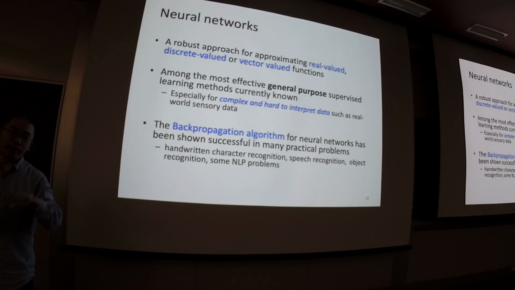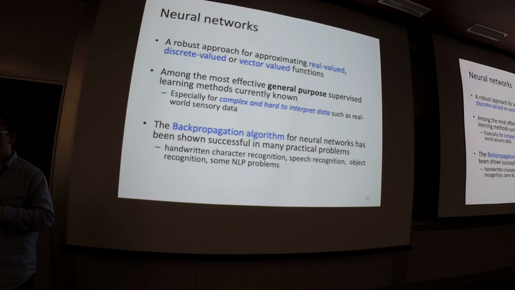That means it can approximate arbitrarily complex functions with very high accuracy. No matter whether the function is continuous or discontinuous, very wild, as long as you have enough data and enough wide or deep structures, it can approximate very well.